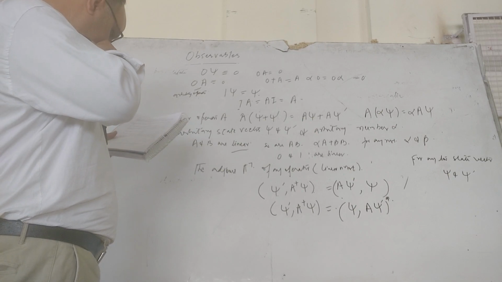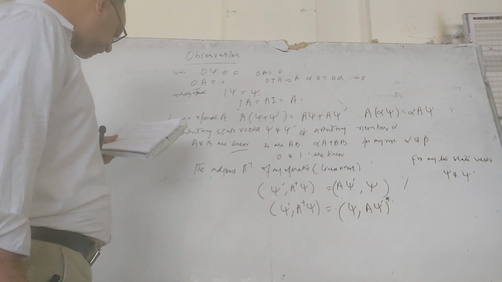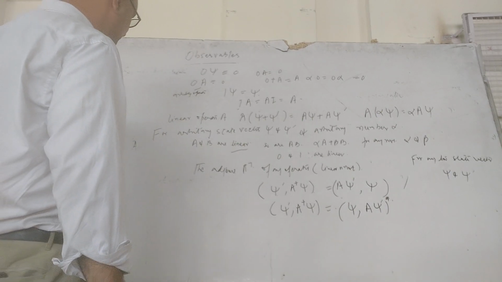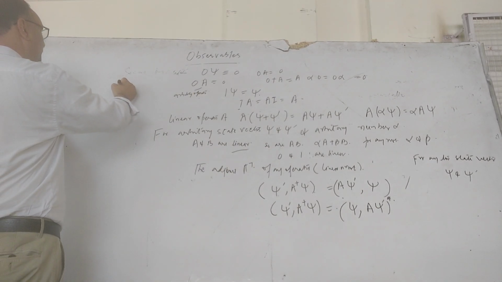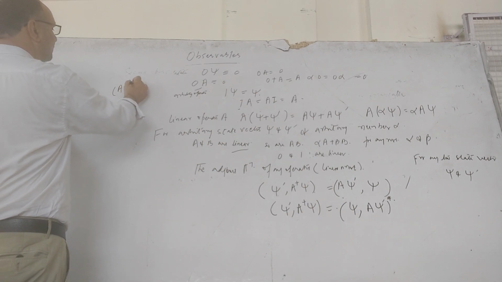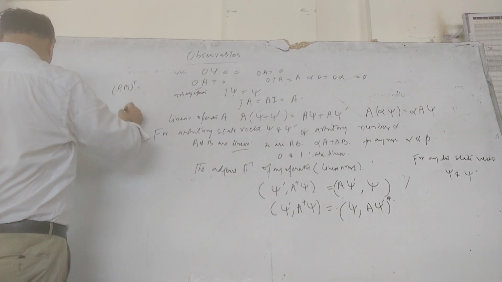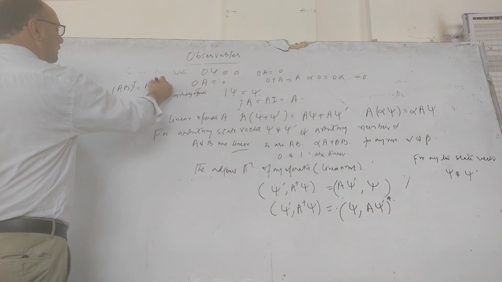So it's elementary to show that (AB) dagger is equal to B dagger A dagger.